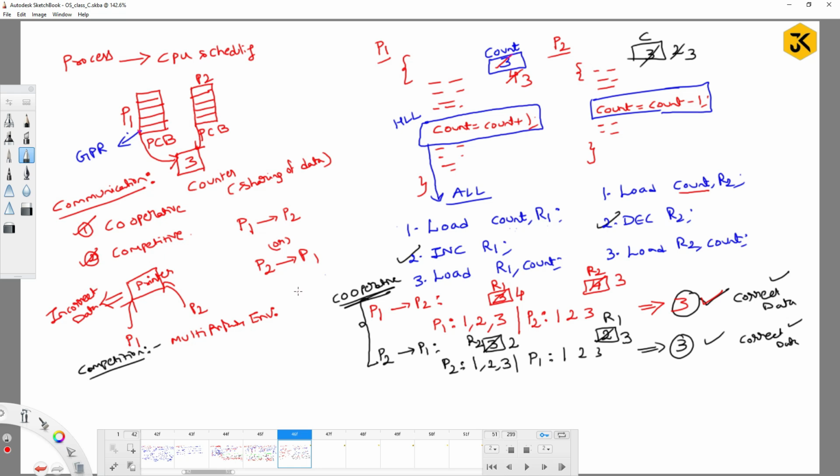Only one process. At a particular stage, only one process is going to be executed in a CPU, right? So in cooperative manner, how processes are going to be executed? In non-preemptive manner, they are going to be executed. Means once I get a chance, I will complete my task, then only I will give chance to the another one. Whereas coming to competitive environment, it will be kind of preemptive process.